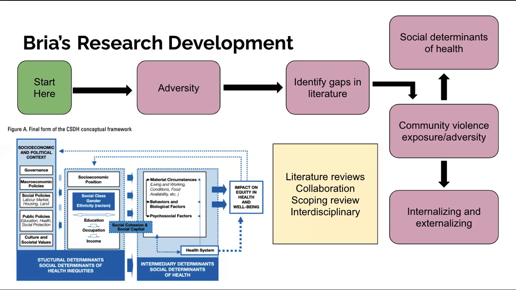So if someone was looking at associations between race and adverse childhood experiences, then we would code race as a structural determinant of health, and we would code adverse childhood experiences as an intermediary determinant of health.